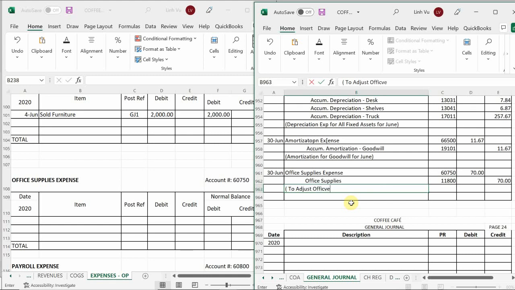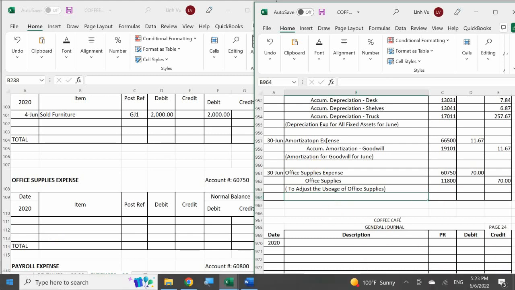And I'm also going to make a note here that I am to adjust the usage of office supplies. We used $70 worth of office supplies, so that's why we have 80 left on hand. So there you go.